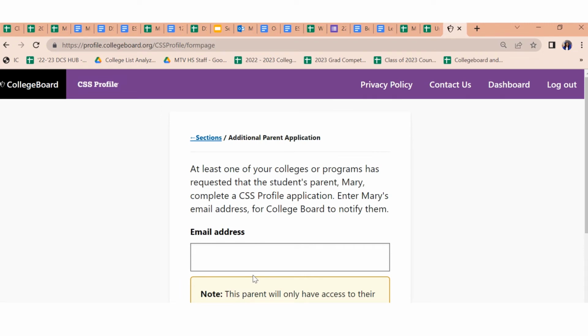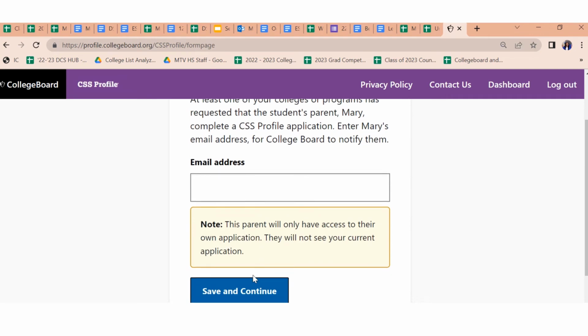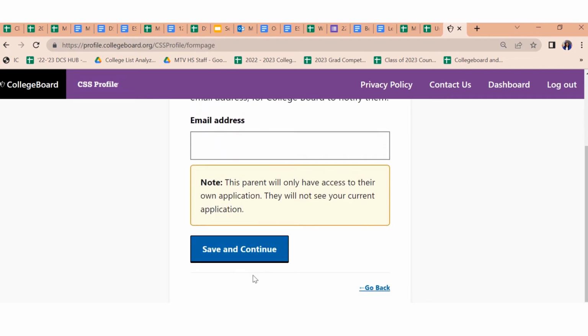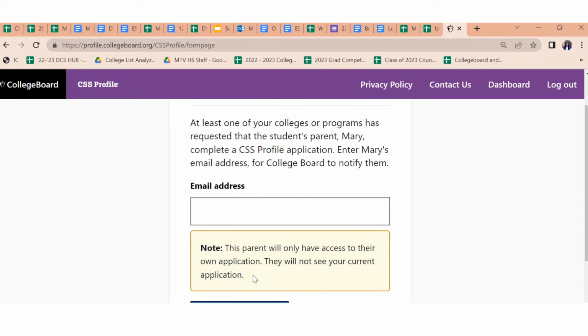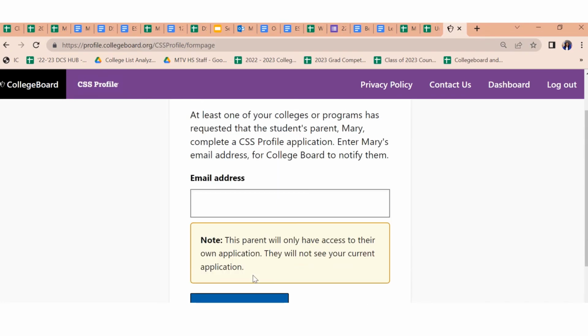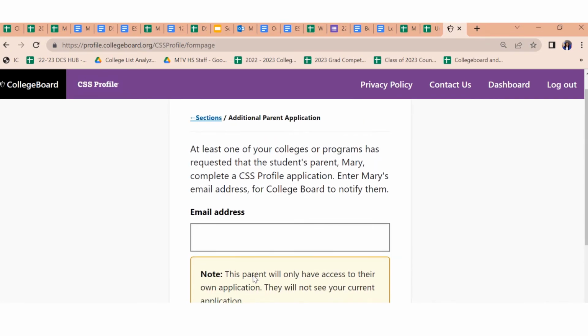So this you should enter. If you have your non-custodial parent's email address, you need to enter that here, because this is how that non-custodial parent is going to be prompted to complete their own CSS profile. The custodial parent and the student are filling out the student CSS profile. That's what we're doing right now.